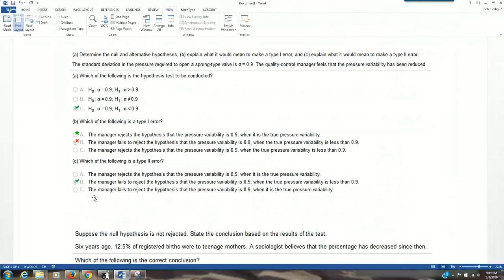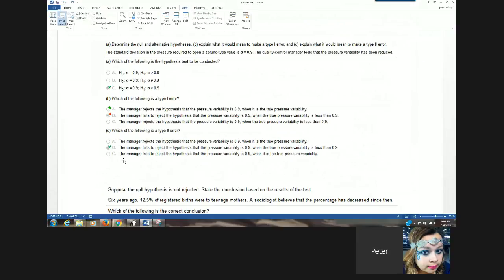So we're told the standard deviation of a pressure gauge is 0.9. The quality control manager feels the pressure variability has been reduced. Okay, so why on earth am I gathering data? I expect it to be 0.9. Somebody else tells me, hey, I think it's different.